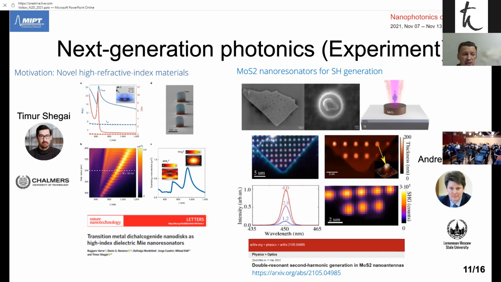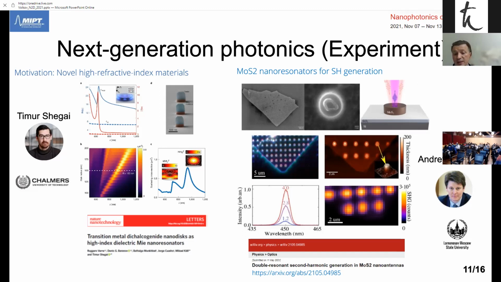Then, of course, we investigated the nature of these magnetic dipole resonances, and it was found that they manifest as resonant intensity enhancement in second harmonic generation spectra.